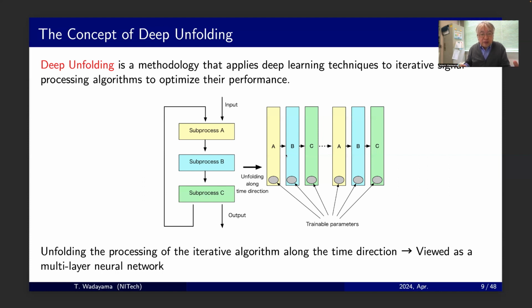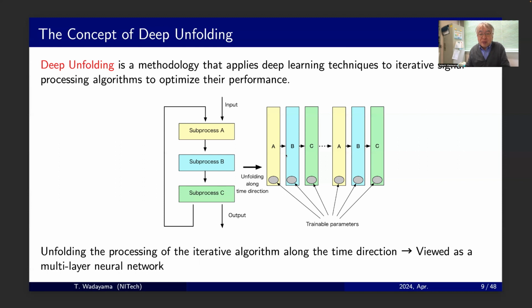By unfolding this process along the time direction, we can get the multi-layer structure as shown on the right. You see, now the sub-processes are sequentially ordered like sub-process A, B, C, A, B, C, A, B, C, and so on. So this network can be seen as a kind of neural network.